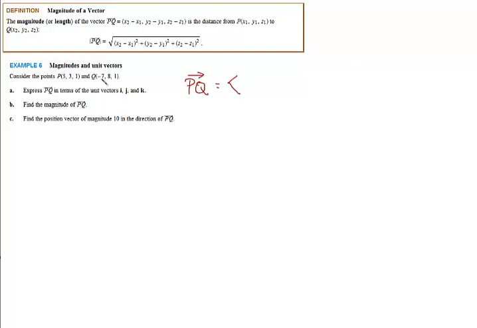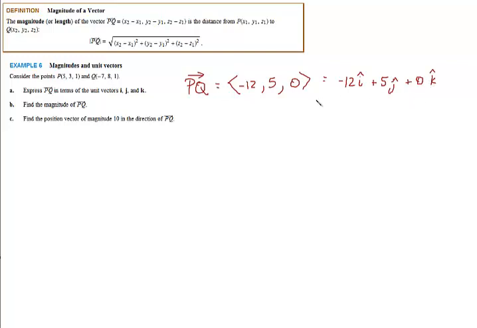So I need the Q point, because that's the Q. That's the x2. -7 minus 5, so that's -12. 8 minus 3 is 5. And then 1 minus 1 is 0. Extending that to I, J, and K, that would be -12 I hat plus 5 J hat plus 0 K hat, or you could have just left that off.